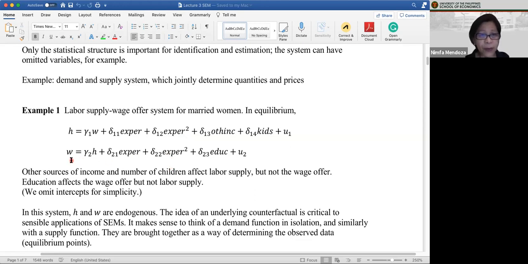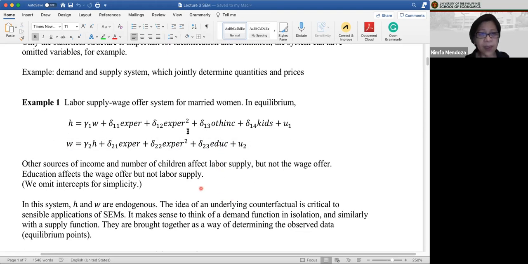For the wage offer equation, we have wage determined by hours worked, experience squared, and education. Okay. Note that here other sources of income and number of children affect the labor supply, but they do not affect the wage. Okay. And on the other hand, education affects the wage offer, but not the labor supply.